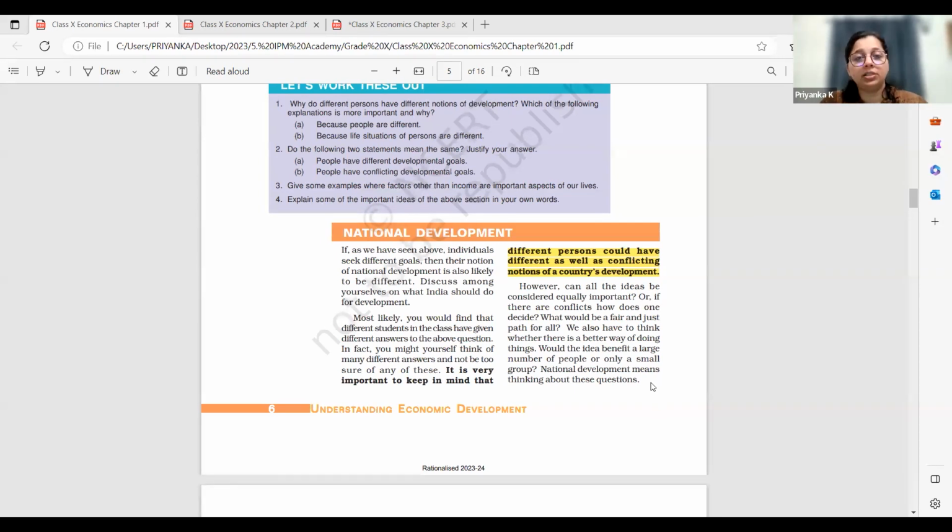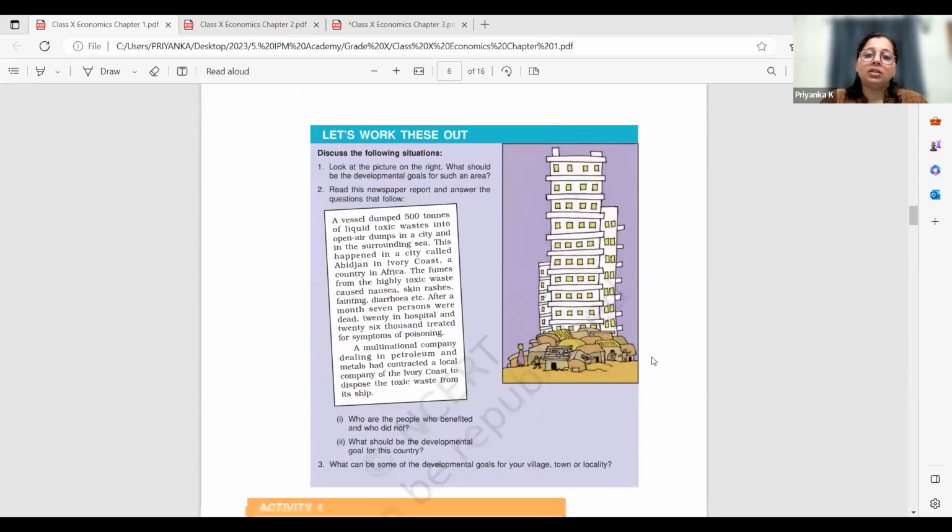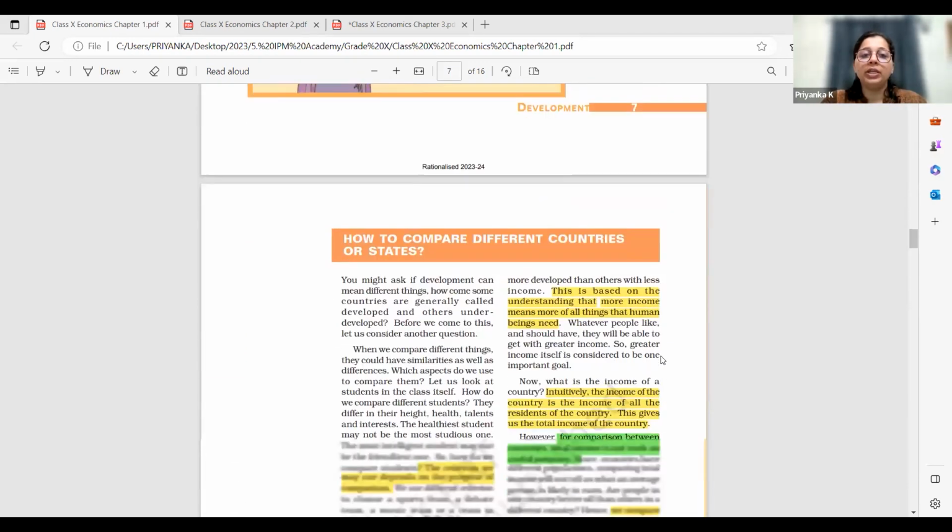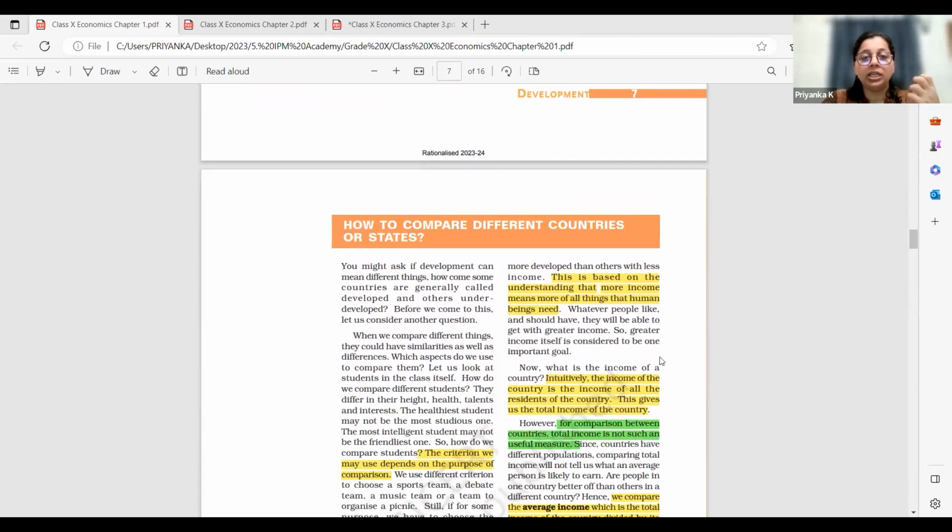We will have a separate session in upcoming days. But coming to a country, when we take the entire population, each and every person will be earning a particular income. So if you add up the entire income of every member in the country, it gives the total income of the country. But total income is not exactly a good indicator of the developmental aspect of a society.